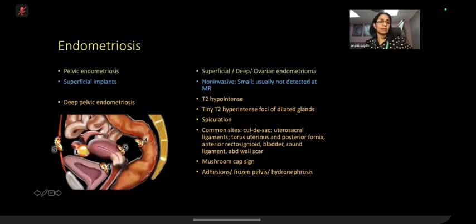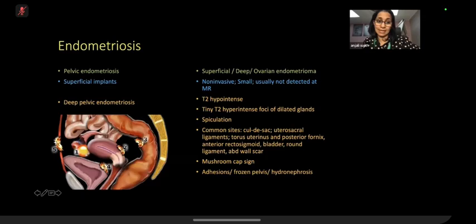So deep pelvic endometriosis can be superficial, deep, or ovarian endometrioma. Superficial implants are very small, and you cannot find them on MRI. Whereas in deep pelvic endometriosis, these plaques appear typically low signal on T2.